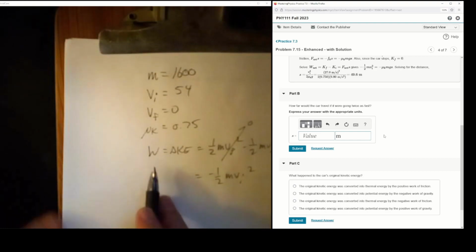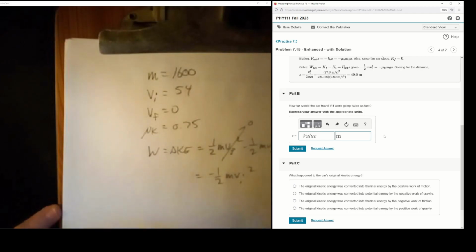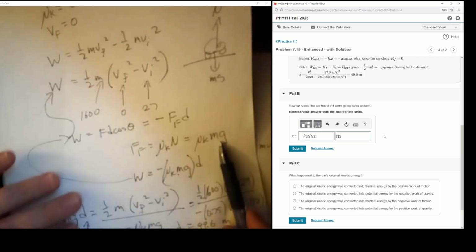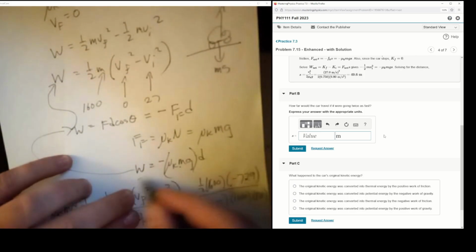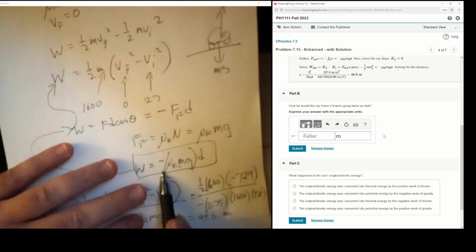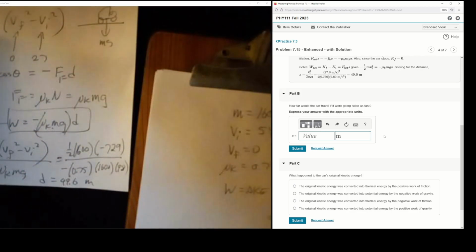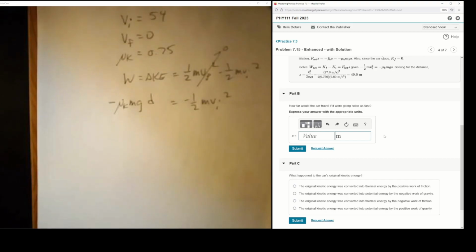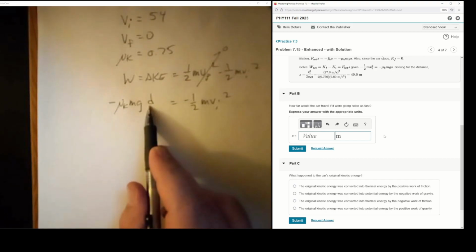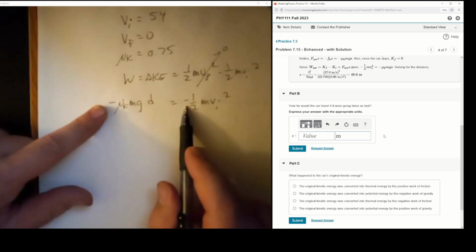And work from friction, which I wrote over here again. So friction is mu k m g, and the work done by friction from our last work is minus mu k m g times displacement. So that work hasn't changed. Just because we're speeding up, there's still friction doing its thing. So friction is minus mu k m g d. And we are solving again for distance. So the minus signs will divide out.